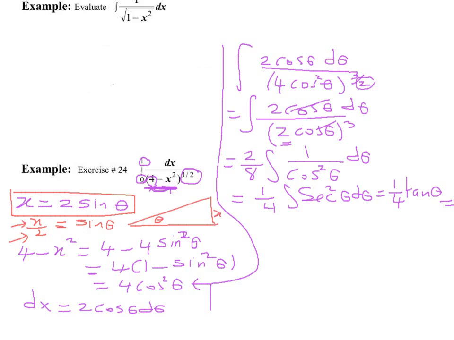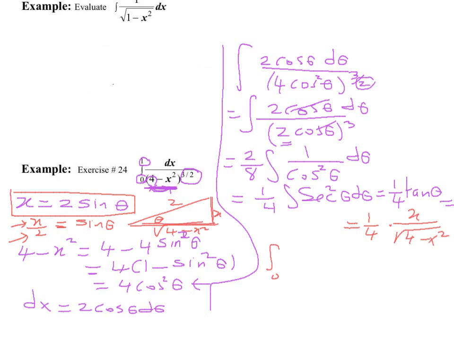So this is x, this is 2, and we can find the third side, which is equal to root of 4 minus x squared. So this can be written as 1/4 tan theta, and tan is opposite by adjacent, so it is equal to x divided by root of 4 minus x squared.